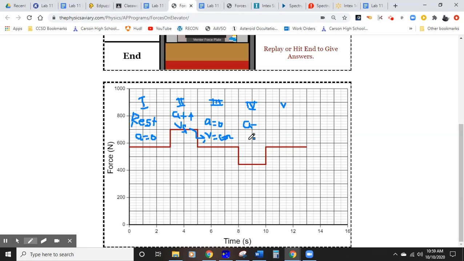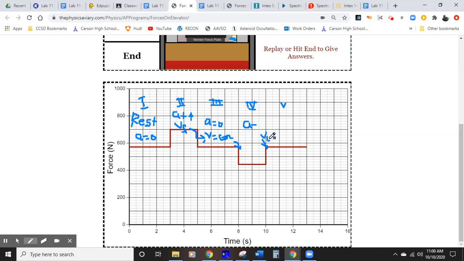We're now slowing down. When we're slowing down, there might be a new velocity here as well. Whatever this velocity was here is going to be the initial velocity here, and then the velocity here is going to be 0. It's going to come to rest.